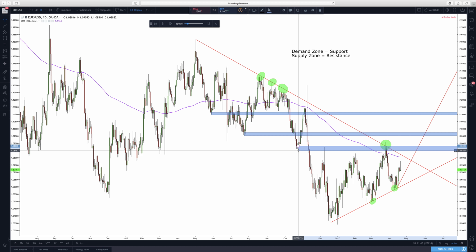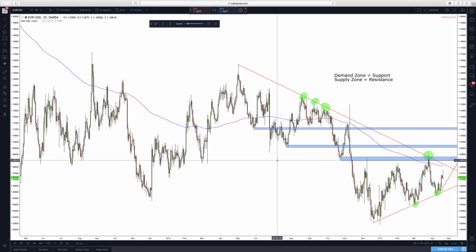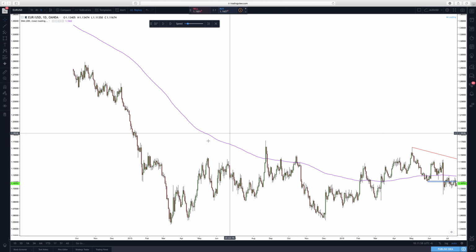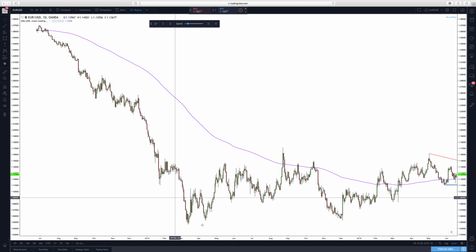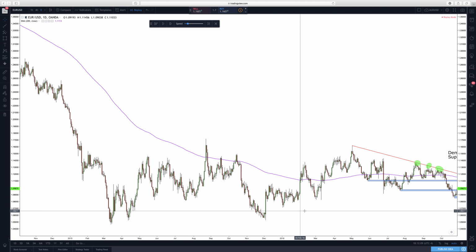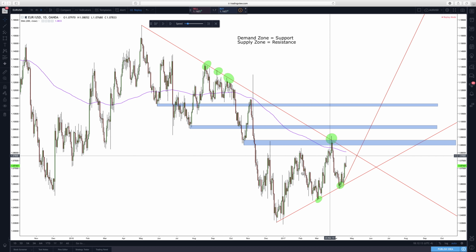You always want to try to keep your analysis relevant to not too far from real time. You don't really want to be going way back here and looking for your support and resistance, because we're talking, you're going back to 2015, 2016. The past doesn't always predict the future, and we don't need to go years back into price action to try to figure out what's going to be happening now. You want to keep it relevant.